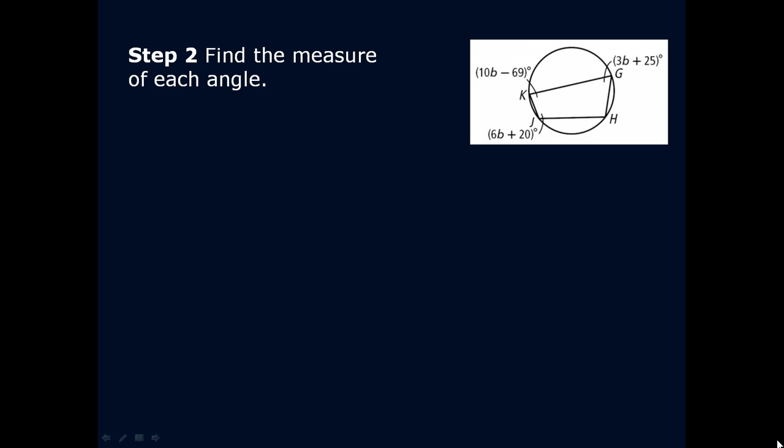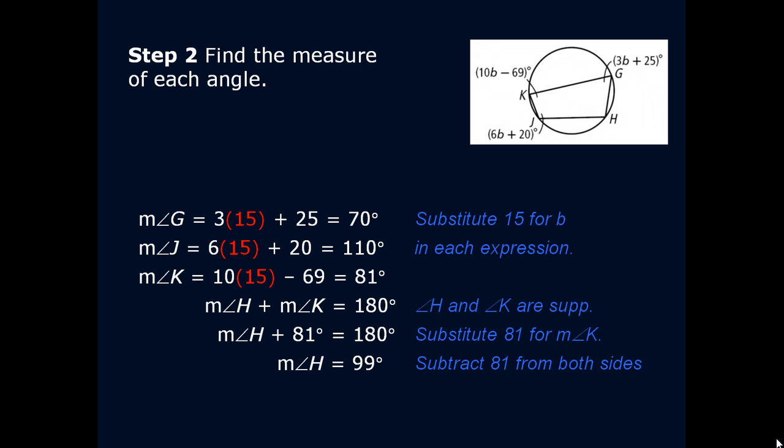Step 2, we're going to find the measure of each angle. The measure of angle G is 3 times 15 plus 25, which is 70 degrees. The measure of angle J is 6 times 15 plus 20, which equals 110 degrees.